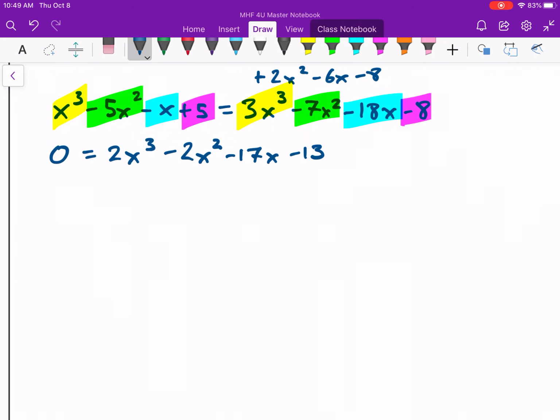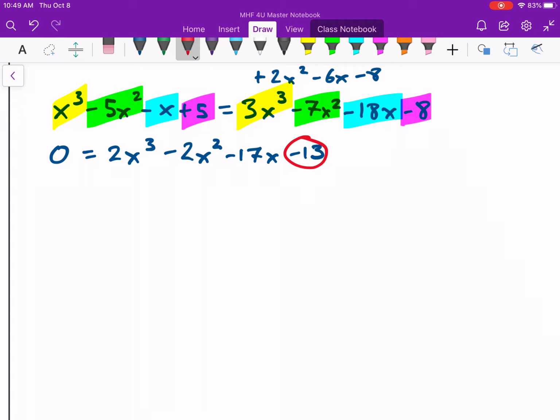So using the factor theorem, remember we focus on 13 and say, what are the factors of 13? Because if there's a factor of this entire polynomial, then it has to also be a factor of 13. So really it's just 13 and 1.